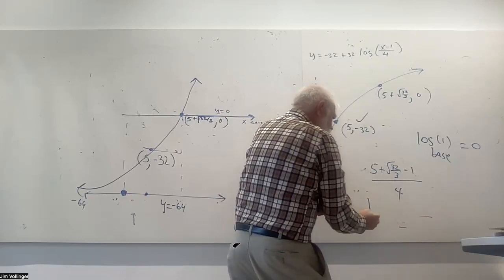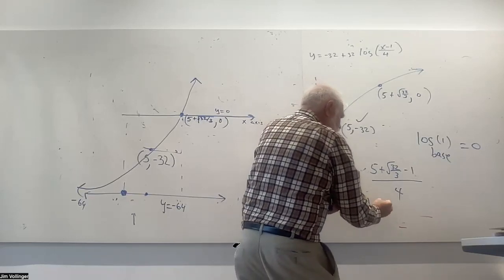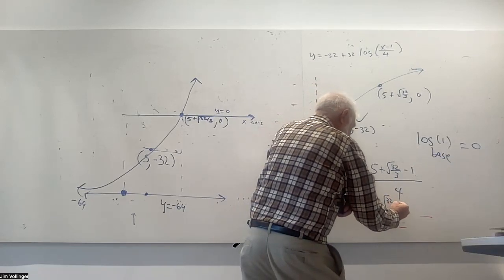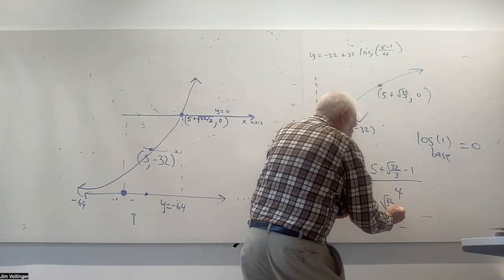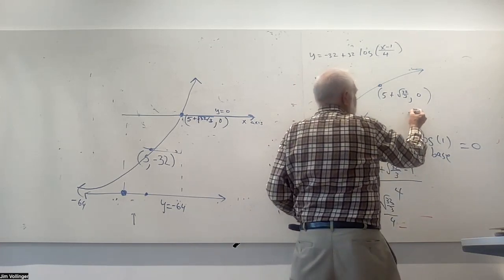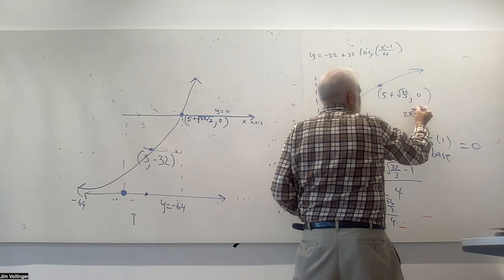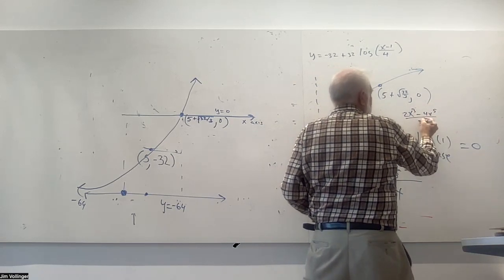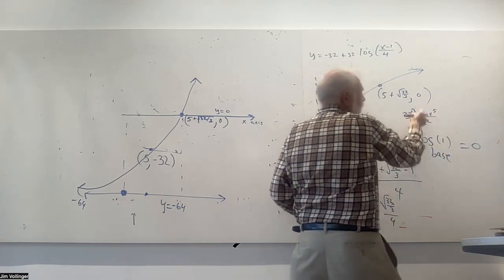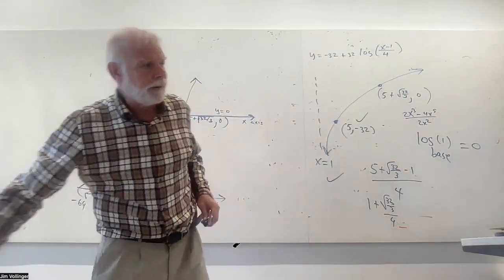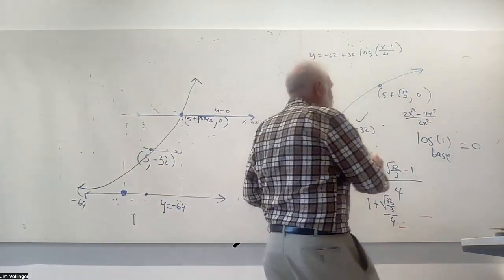So I really get 1 plus the square root of 32 over 3 divided by 4. And I hope that you followed that, because we've been practicing 2x to the 3 minus 4x to the 5, all over 2x to the 2. We've been practicing that distributive division. There is such a thing, because division is a form of multiplication.